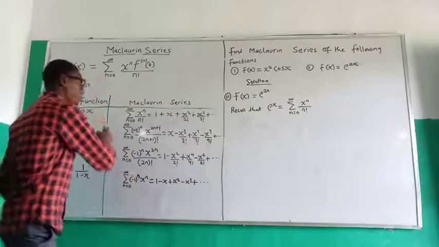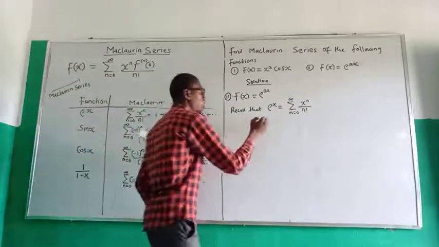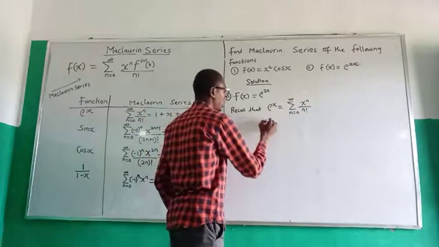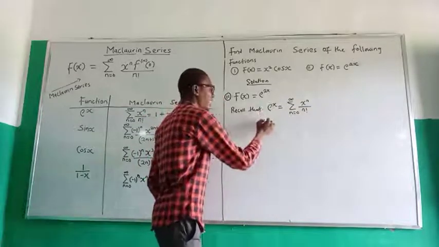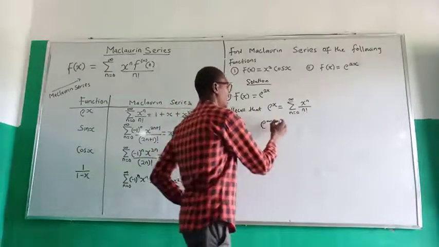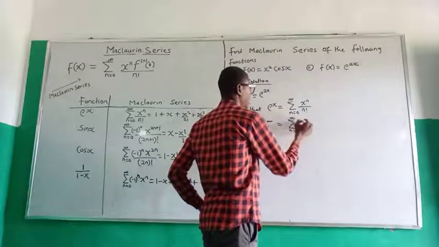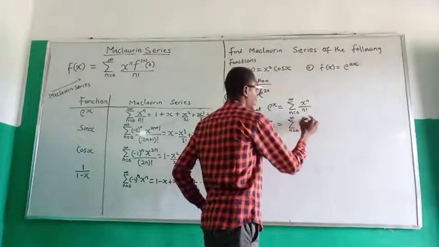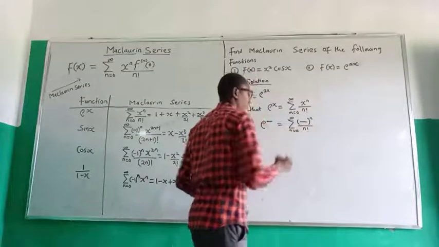This is actually from the table. Let us assume you have exponential of something else. Instead of x here, anywhere you see x, just put this. This will be the summation n equals 0 to infinity of this raised to the power of n divided by n factorial.